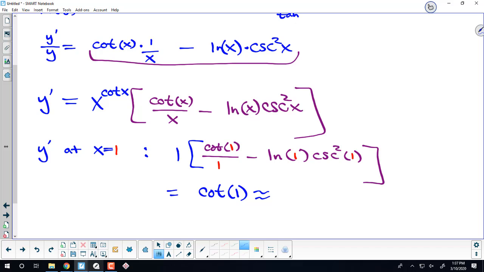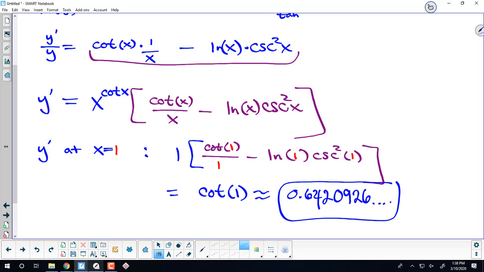Is that what you got? 0.642. 0.6420926. And then the number is an irrational number. It would keep going, which is why we're not going to put this in for the slope of the tangent line. We're going to put cotangent of 1 in for the slope of the tangent line.